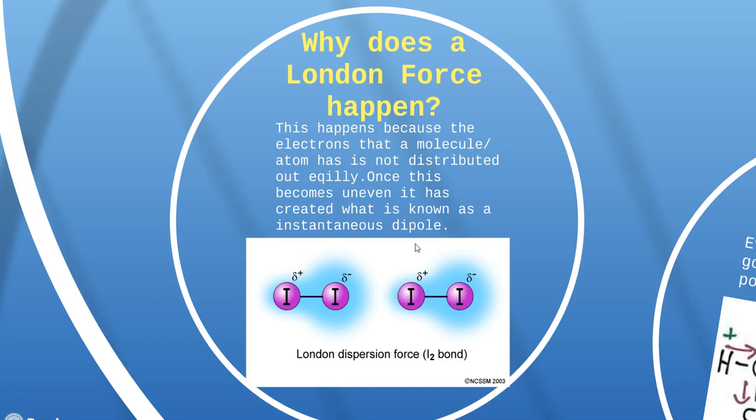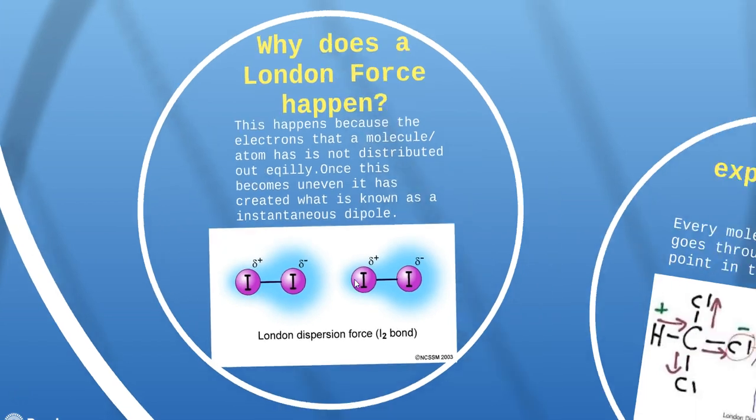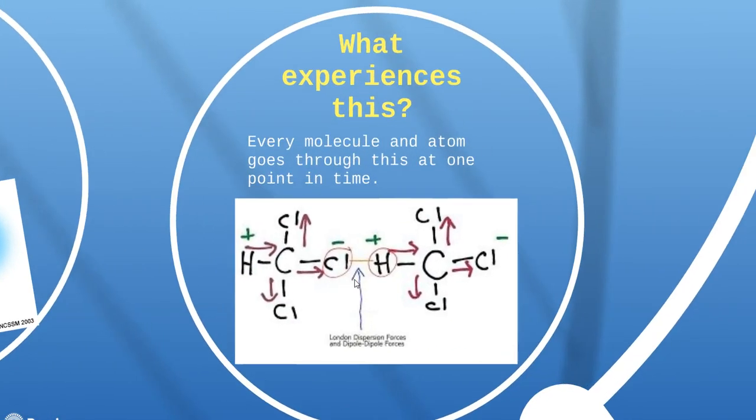Or you might get an induced charge when a charged particle enters that system and creates a temporary charge. The larger the molecule, the greater the chance that there's going to be some London dispersion force happening, and therefore we usually say that London dispersion forces scale up specifically with size.